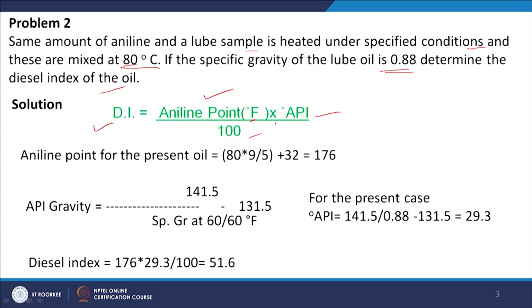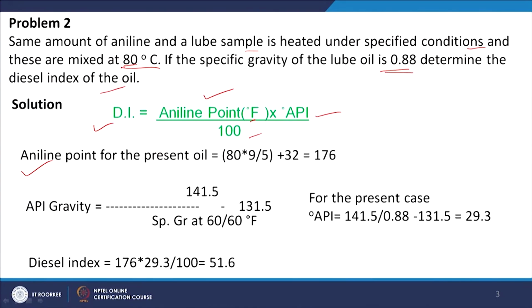Here the aniline point of the present oil is the temperature at which equal amounts of aniline and oil mix. This is 80 degree centigrade, which converted to Fahrenheit is 176 Fahrenheit. We put this in as the aniline point, and the degree API we have to calculate. The specific gravity is given, so we calculate the API first.